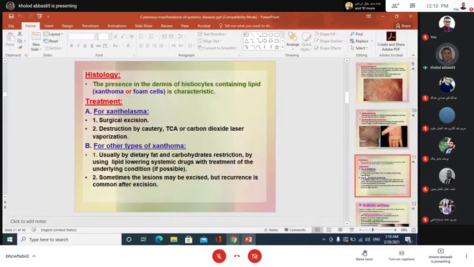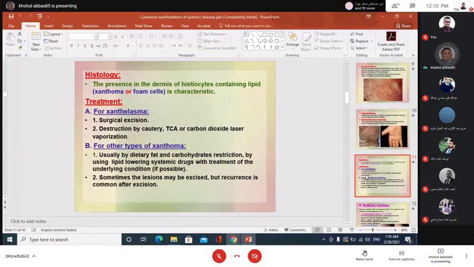Treatment of xanthoma. For xanthelasma, surgical excision for cosmetic reasons, or destruction by cautery, TCA, carbon dioxide laser, or even surgical excision.